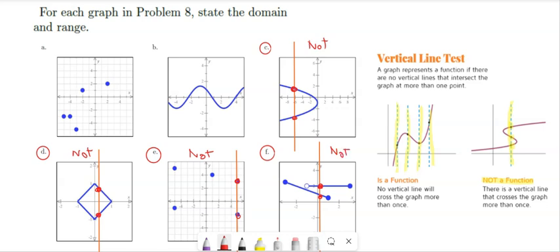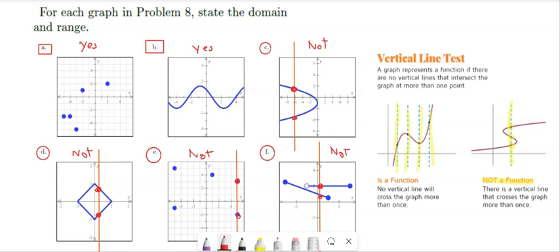So the only 2 graphs that could represent a function are A and B. You can notice we cannot find any vertical line that intersects the dots or the graph in more than one point, so this is a yes as a function and this is a yes as a function.